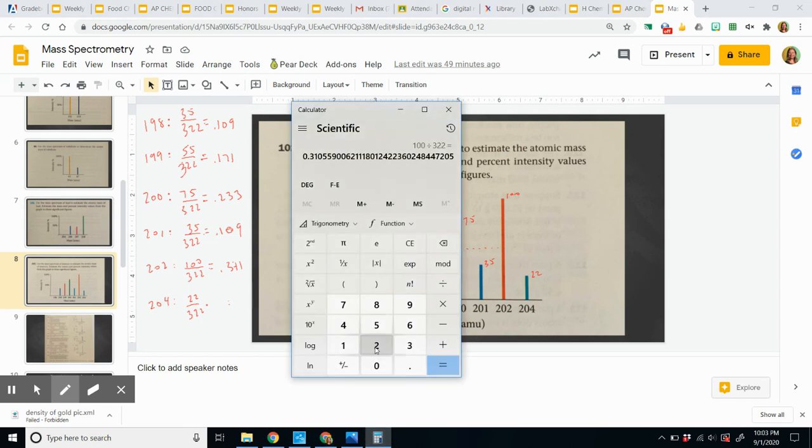And the last one, 22 divided by 322. 0.068.